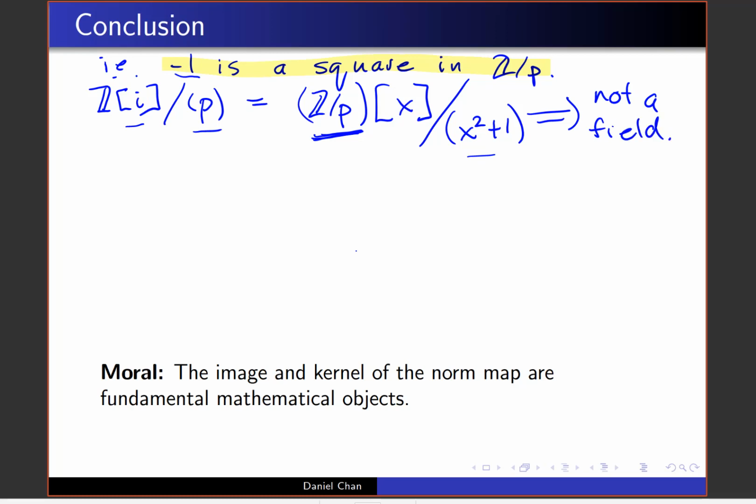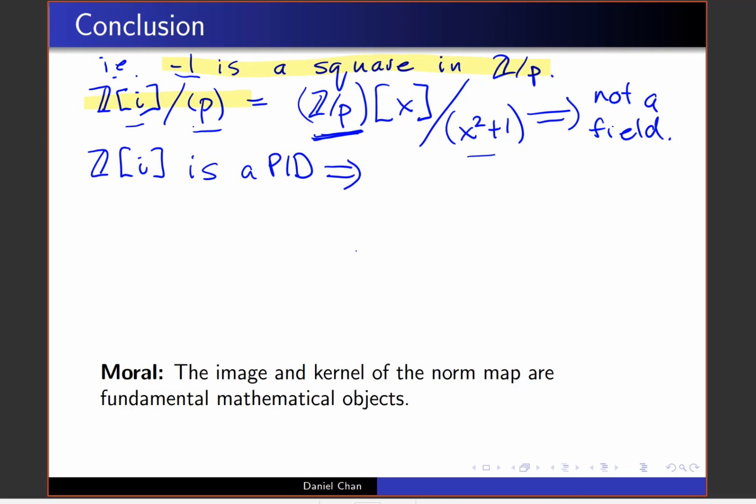So in this quotient ring here, that's not a field. Now the other thing that you need to know is that Z[i] is a Euclidean domain, and in particular is a principal ideal domain. So this implies what?